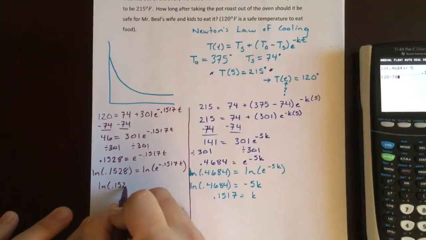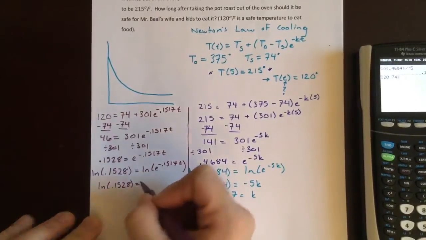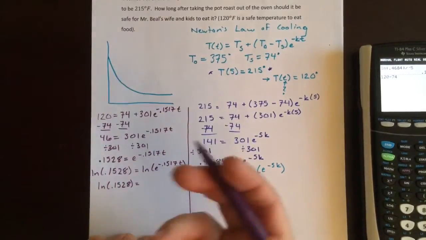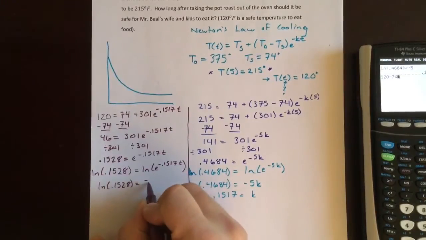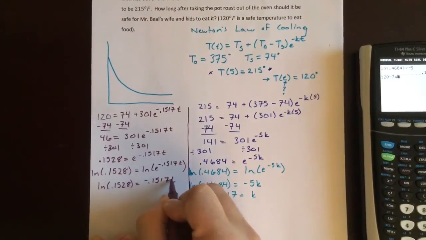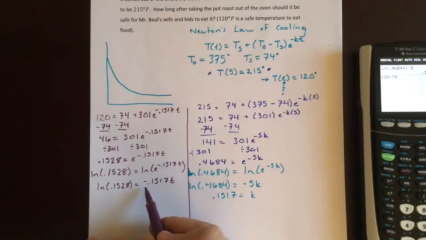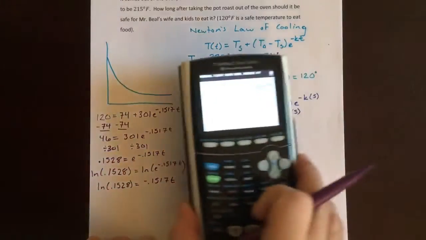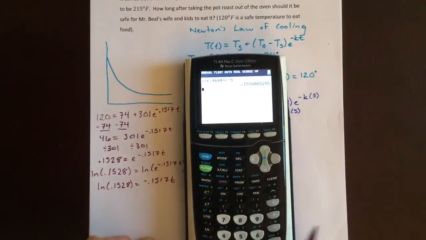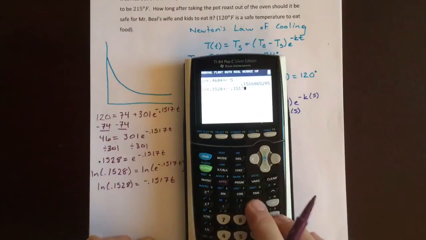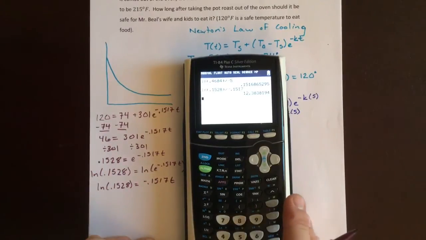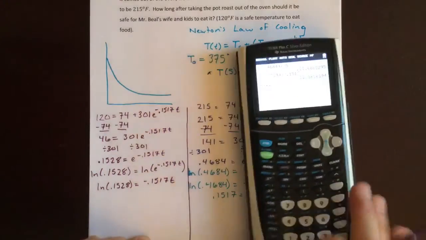There's little chance of having one that's just, I guess you could say, average. So we get -0.1517, and we divide by -0.1517. All right, so we get natural log. Okay, we find we get 12.38.